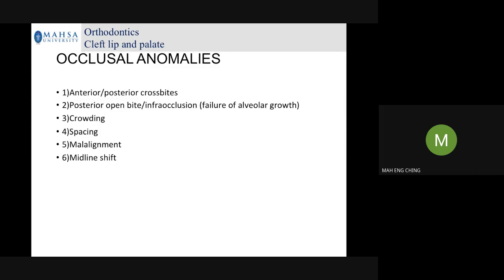Like I say, no bone, no teeth. If there is less development of the bone, then the teeth might tend to be stuck or infraoccluded. Crowding is very common: not enough space, not enough bone, so the teeth will be crowded. Spacing, due to sometimes missing teeth. Malalignment, crowding, very common. Midline shifted: if the left side has the cleft, then most likely the midline is going to shift to the left.